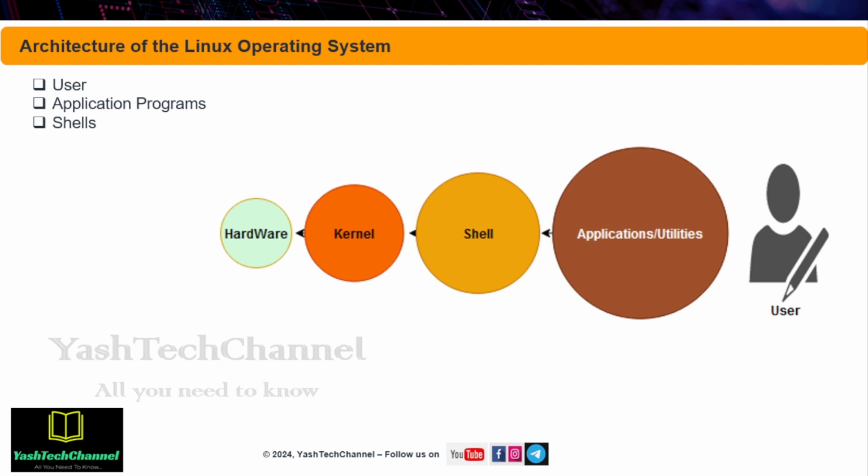As I said before, if you want to store something, you need some mediator. You cannot directly write a file into the hard disk. No, it is not possible. Some interface is required between your hardware and the user. In between, the kernel takes care of that role. It is integrating your hardware between the user and the applications, the shell and all.